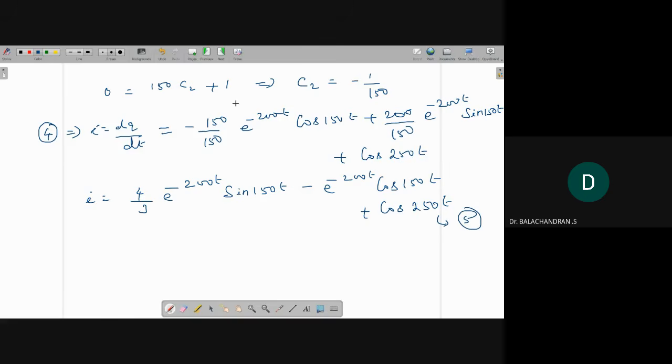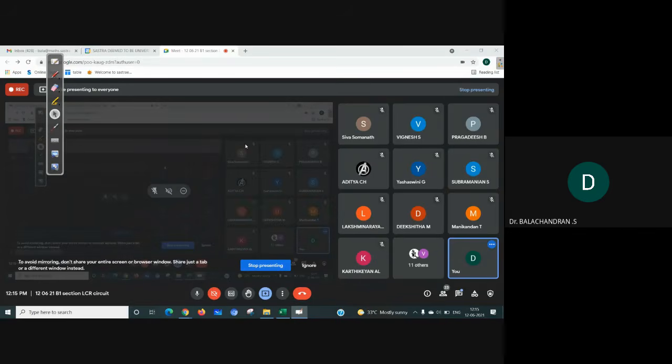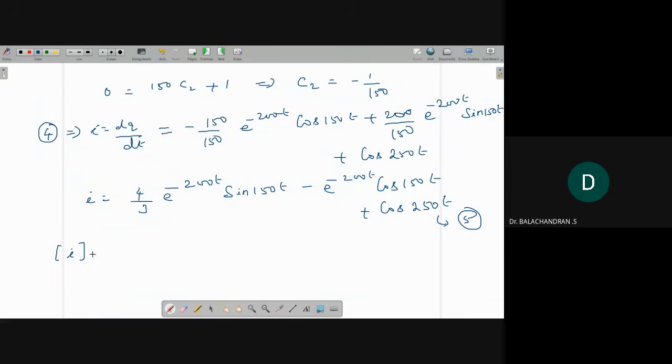So now we need to find one more thing. What do we need to find? Current at t equal to 0.001. That is asked in the question.